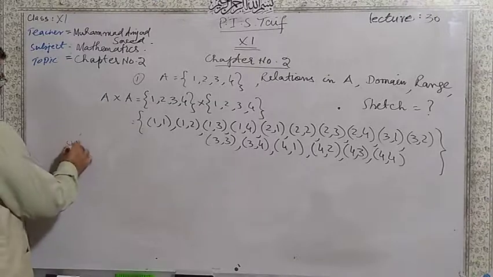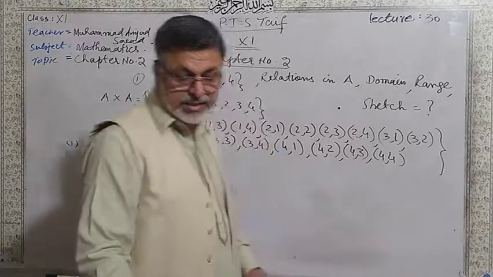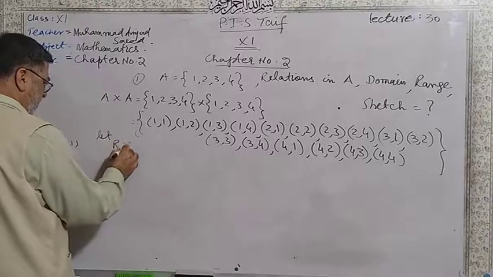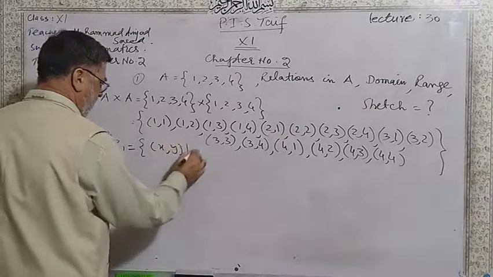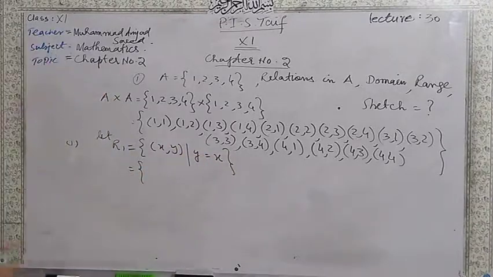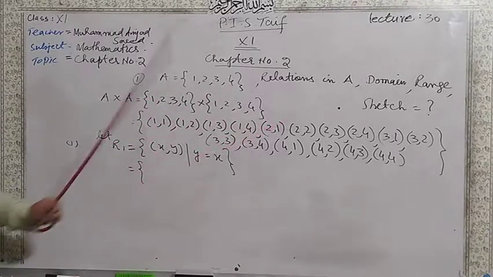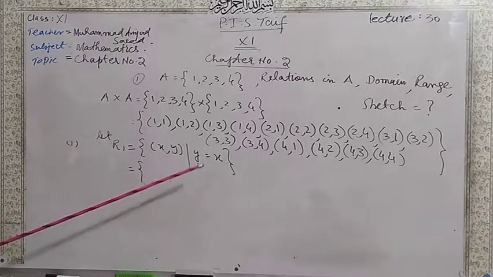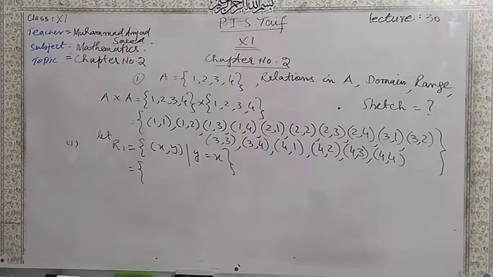Number 1 is the relation xy such that y is equal to x. Let's name it R1. We have to tabulate R1 from A cross A. We choose xy in such a way that x will be equal to y.